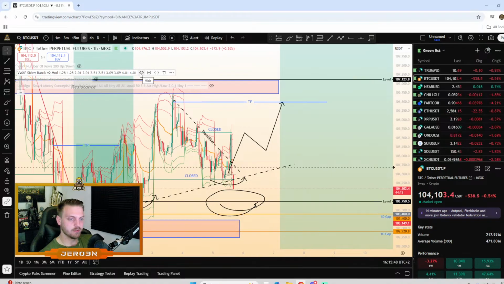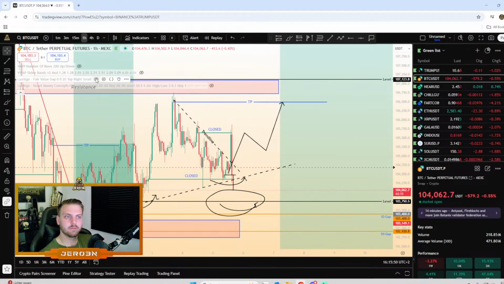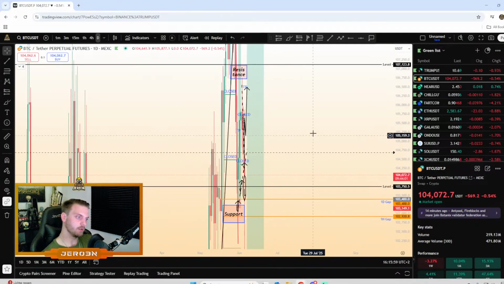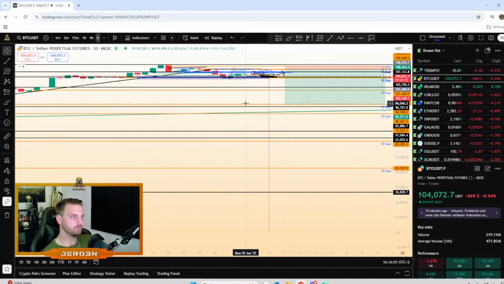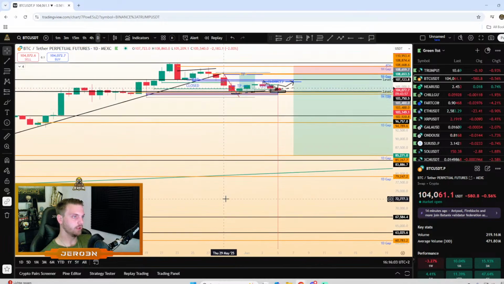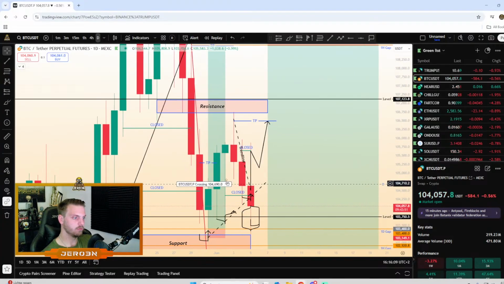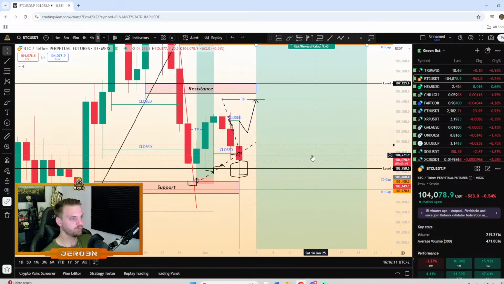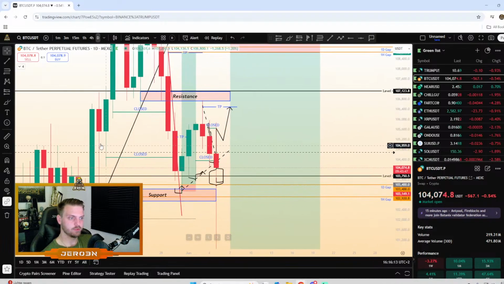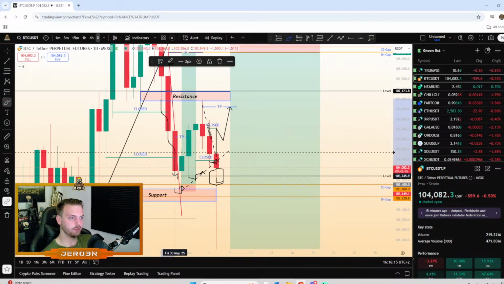This is such a mess, holy crap. This candle is such a weird candle on TradingView. Very much zoomed in, we have been creating this double bottom effect.